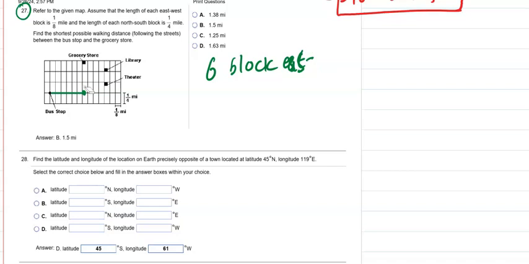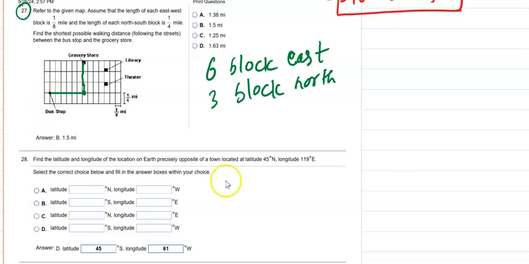How many blocks north? 1, 2, 3 blocks north. So you are going 6 blocks east and 3 blocks north to reach the grocery store from the bus stop.